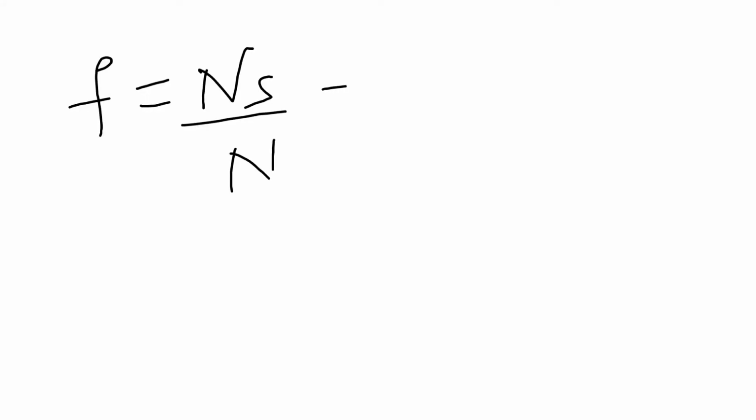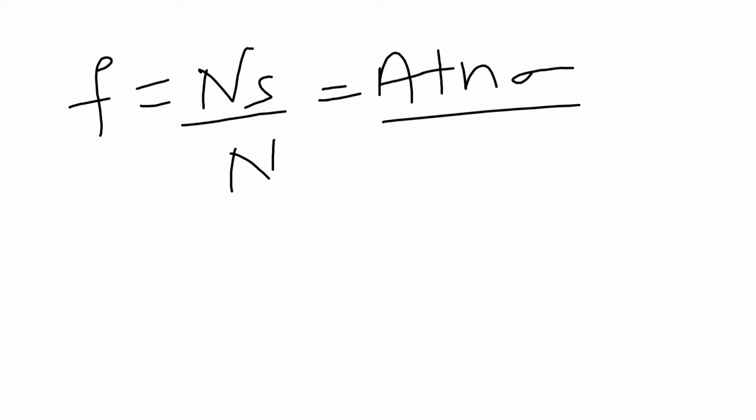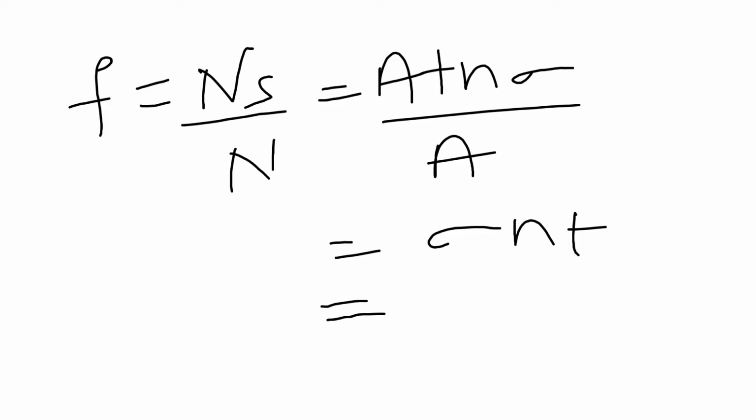And write f equals Ns divided by N. Then Ns equals A t n sigma divided by A. Here A gets cancelled, giving sigma n t. Then sigma equals pi b square, the previous expression, so f equals pi b square n t.